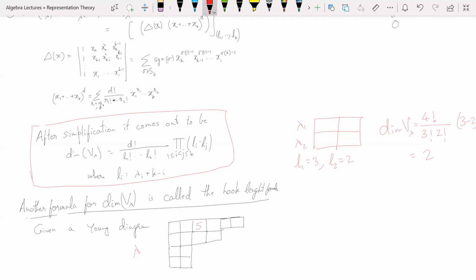So you count the box as well. So this is 3, this is 1 plus this 5. Similarly you count the hook length for all of them. So 3, 4, 5, 6, 6 plus 3, 9.